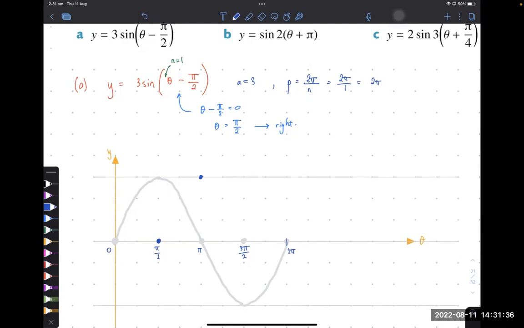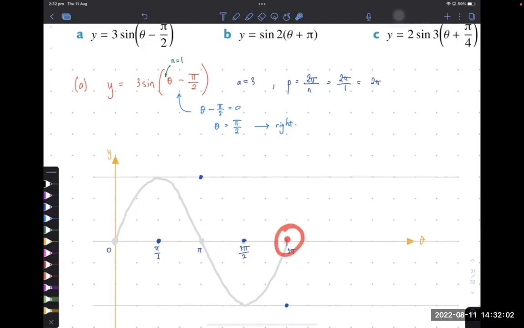So where's this particular point going to move to? 3 pi on 2, yeah? Because notice we're moving pi on 2 to the right. Where's our minimum going to be? 2 pi. And where's that end point going to move?